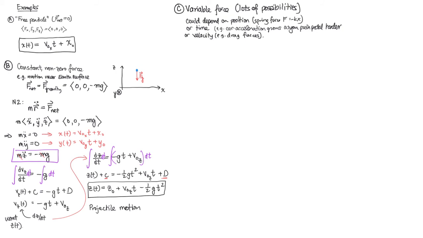It's a position-dependent force. It could depend on time, like you push harder and harder on the gas pedal as a function of time. What is the acceleration of the car? And what is the position and velocity that results? Or it could depend on the velocity of an object. For example, drag forces. The faster you go, the stronger the drag forces. It's not necessarily time-driven, but it's velocity-dependent.